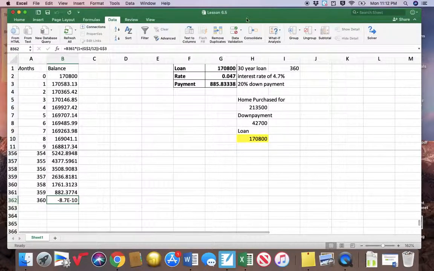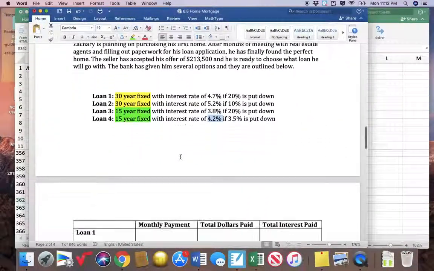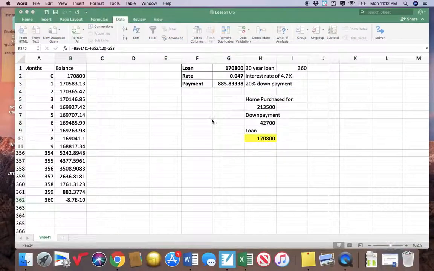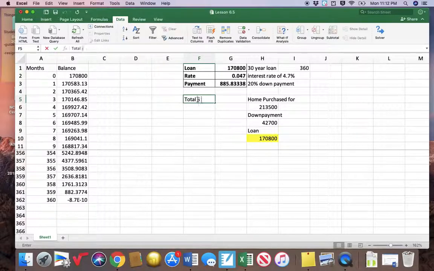So now what I want to do is consider some of the other questions that they have here about total dollars paid and total interest paid. When I'm looking at total dollars paid, I can calculate this by taking my payment and multiplying it by 360 because he makes this payment 360 times.